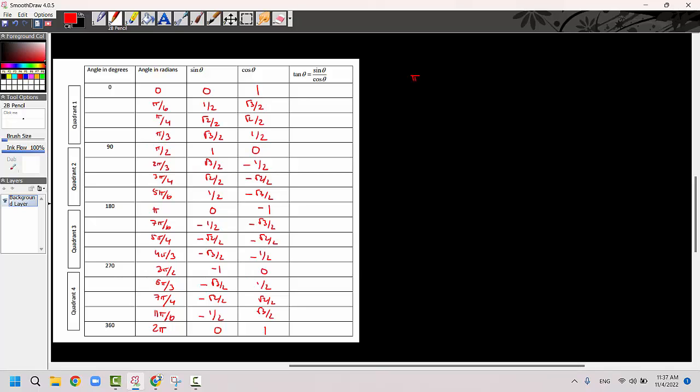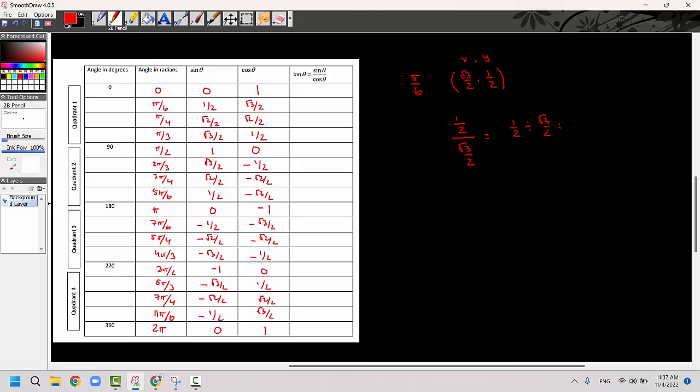If I look at pi over 6, remember, the coordinates there are rad 3 over 2, comma 1/2. I know it's reversed here. They put sine first, then cosine second, but here, remember, this is x, comma y. So I'm literally going to do 1/2 over rad 3 over 2. What that means is 1/2 divided by rad 3 over 2.